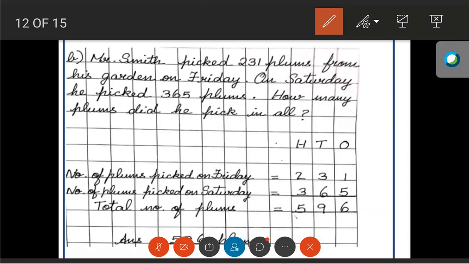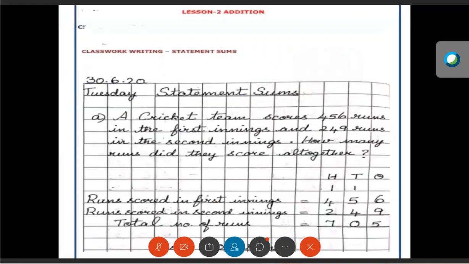Okay. See, first we have to read the sum, then underline the important numbers and key terms. Circle the key terms, then plan how to do it. You have to plan what the key term is and what we are going to do.